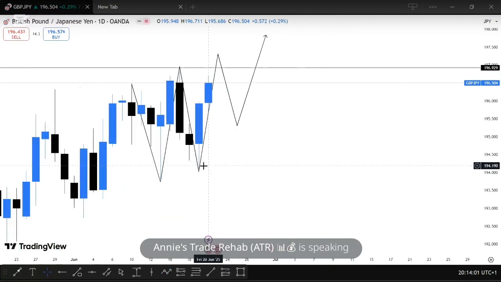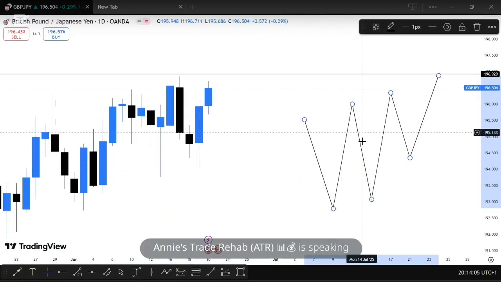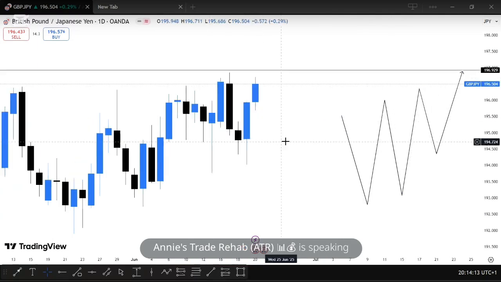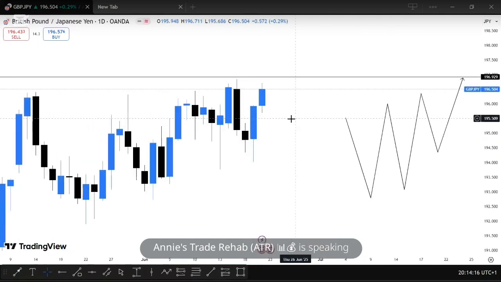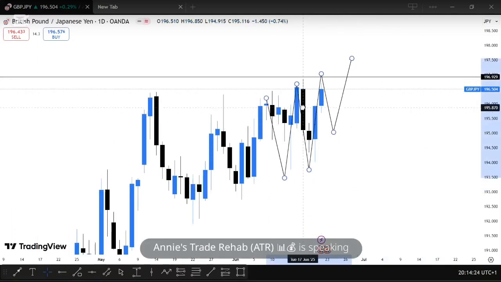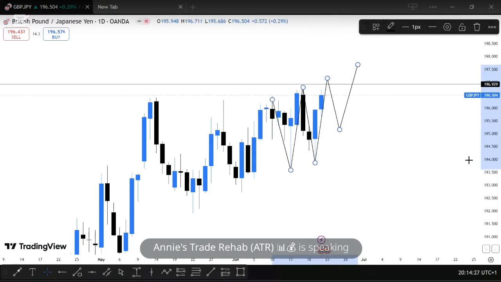Let me put it aside so we don't mix it up. So this is what we are expecting. This is one scenario because we are still bullish. So we could get price to continue to break to the upside. Okay, this is a bullish movement, right? So this also can serve as a sweep into our POI.